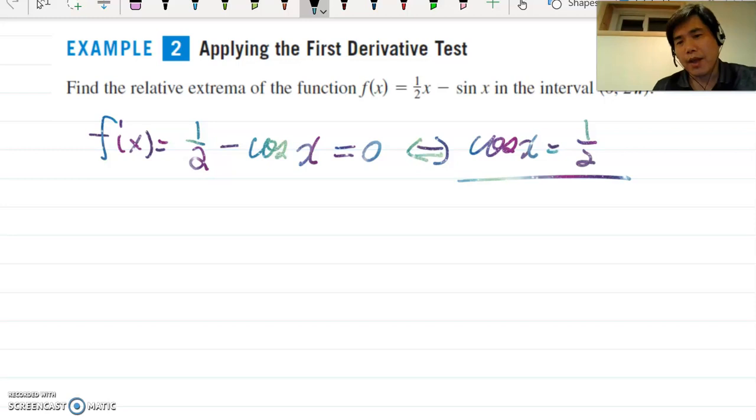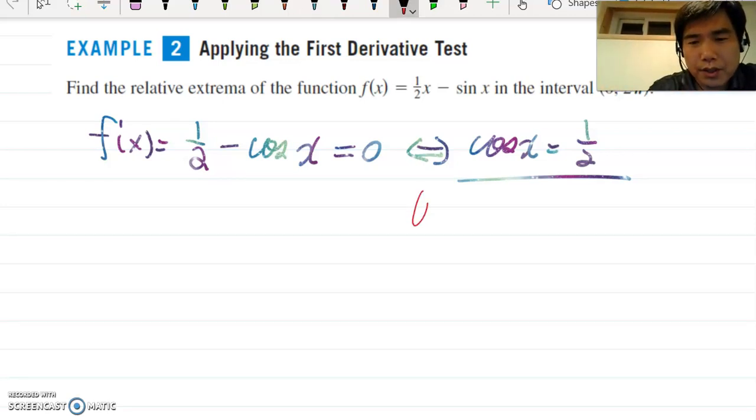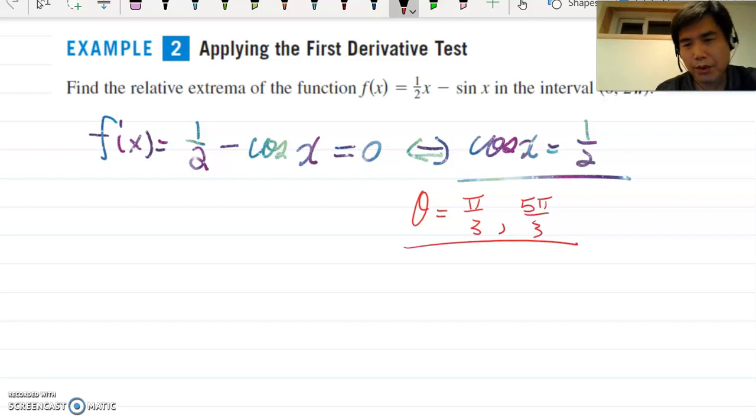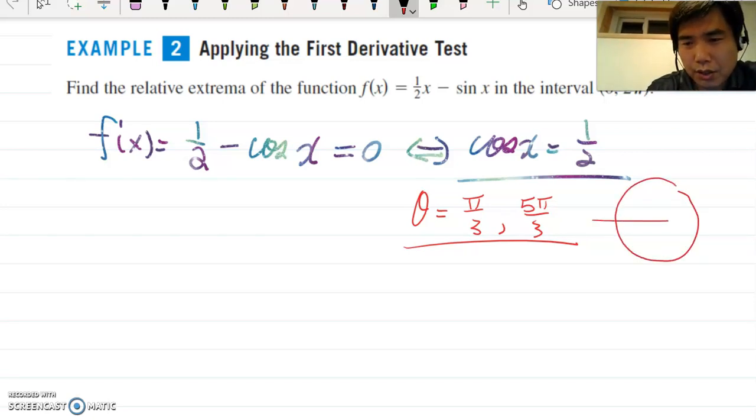Okay? Then which radian values in the interval 0 to 2 pi make cosine x become 1 over 2? If you think theta equals pi over 3 and then 5 pi over 3, then you have a correct answer. Simply, I just drew the unit circle here.